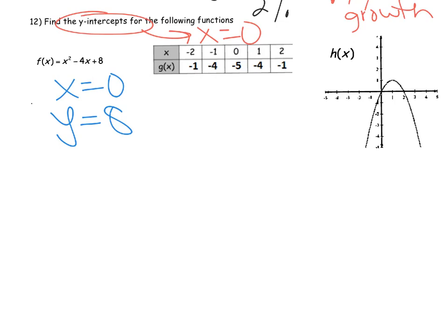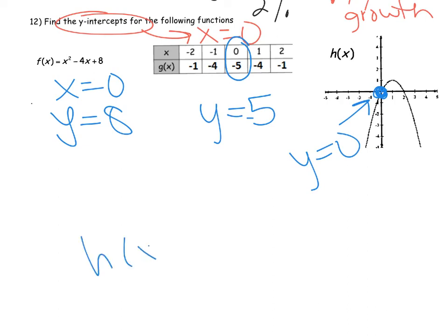Just looking at my table here for g of x, when x is equal to 0, my y value is -5. And then lastly, if I look at h of x, when x is equal to 0, y is also equal to 0. So if this asks you to rate them from least to greatest, you would have h of x, then g of x, and then lastly f of x.